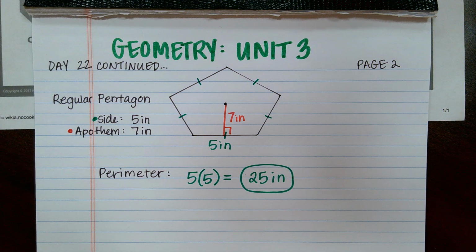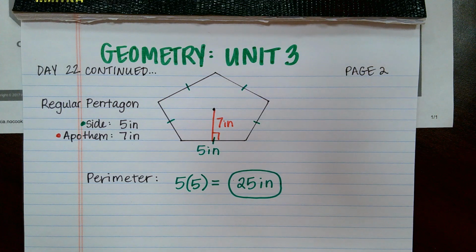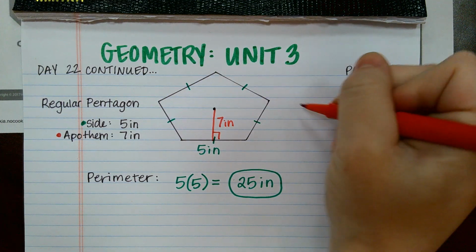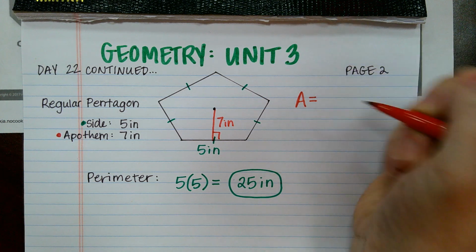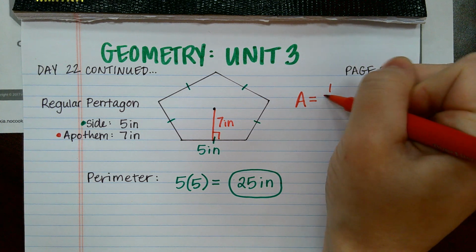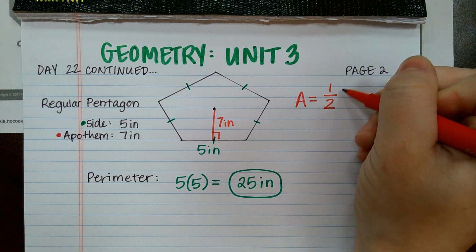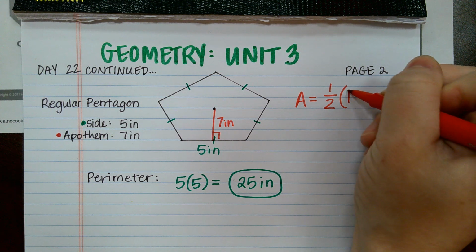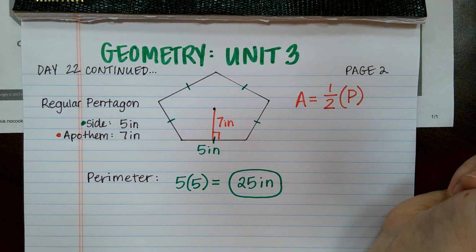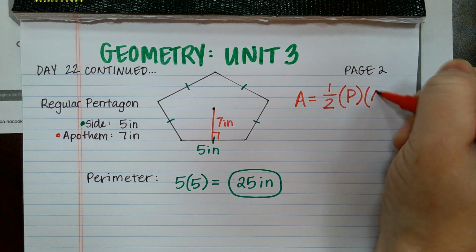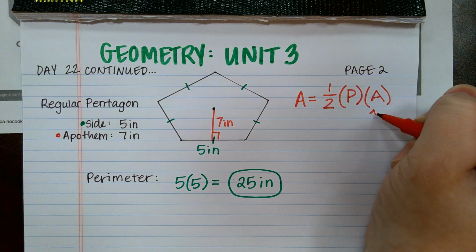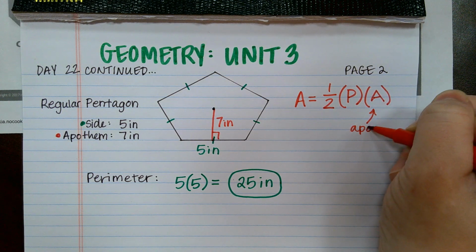So I'm going to rewrite that formula. Area equals 1/2 times perimeter. I'm going to write that as P, times A, apothem.